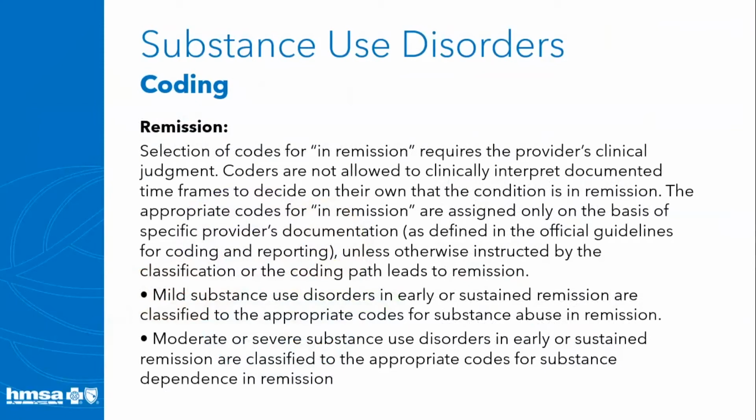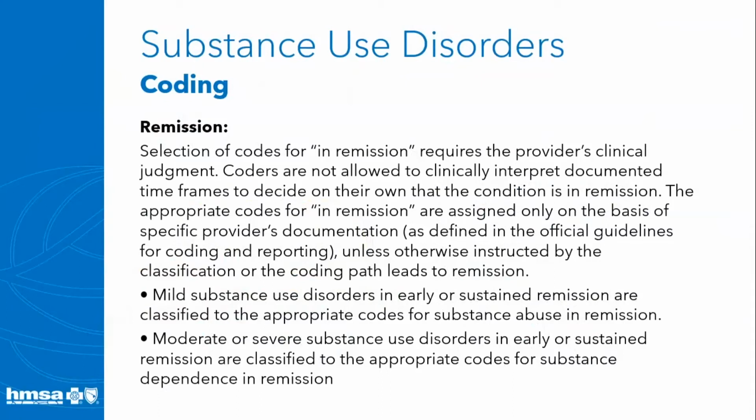Your coders are not allowed to clinically interpret documented timeframes to decide that the condition is in remission. The appropriate codes for in remission are assigned only on the basis of specific provider's documentation unless otherwise instructed by the classification or if the coding path leads to remission.